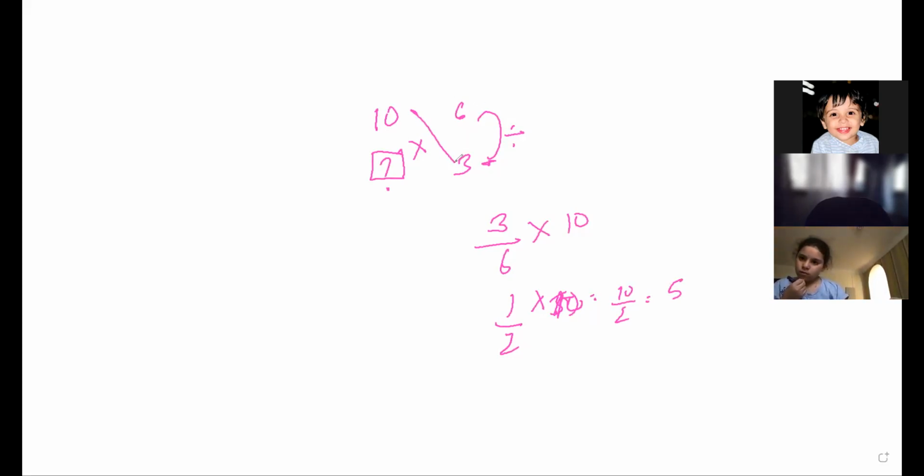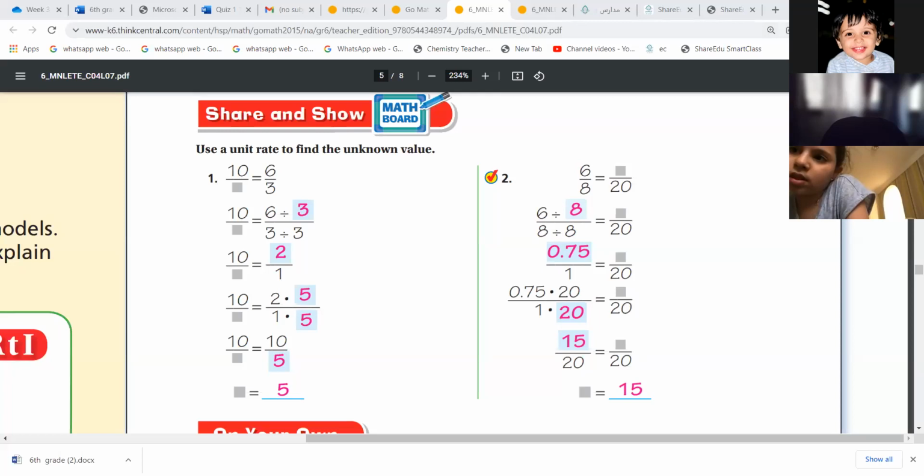You divide this, you multiply this. Like Sitala here, what did I teach here? I said, this you will divide, 6 over 8, and you will multiply 20. So what is 6 over 8? 2 times 3 and 2 times 4, you get 3 over 4.